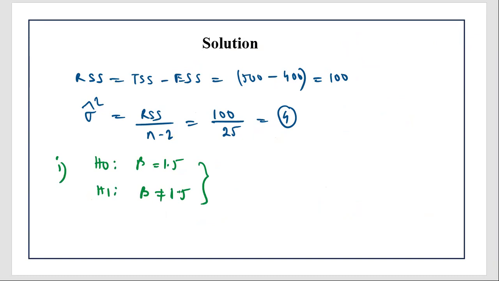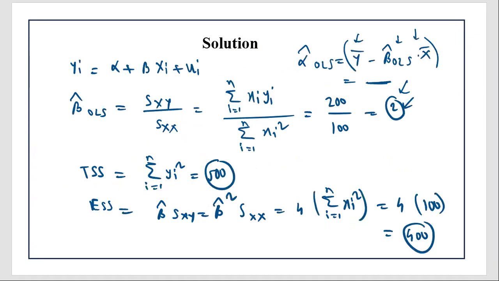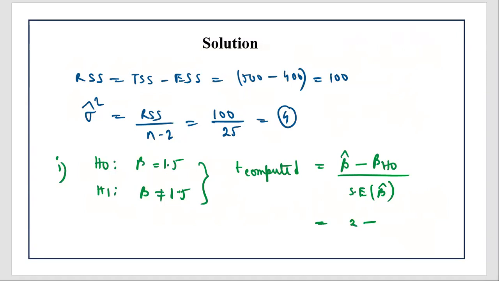Now, firstly, find out what will be the t computed value, and t computed will be the same for all those cases. So firstly, for t computed, as I've told you in the previous question also, it is beta cap minus beta under H naught, upon the standard error of beta cap. So what is the estimated value of beta? We just got it to be 2. See here, this is 2. Now beta under H naught is 1.5, and then you have to find out the standard error of beta. Standard error of beta is the square root of sigma cap squared upon Sxx.